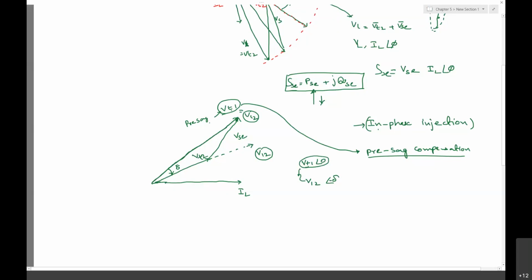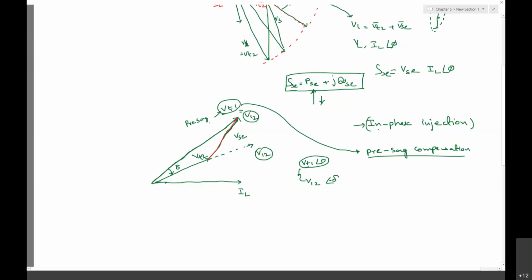In that case, the load is experiencing the phase jump, or the phase shift, but some loads are very sensitive to the phase shift in the voltage. In order to avoid the phase shift, you inject the voltage to attain the presag voltage.